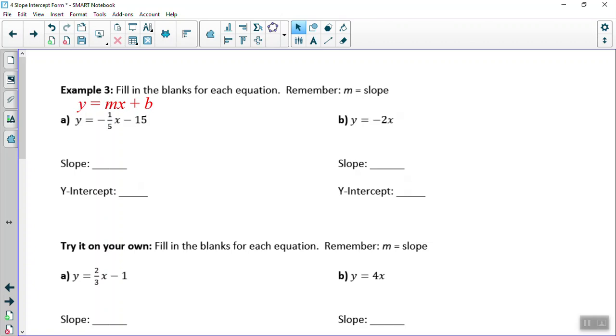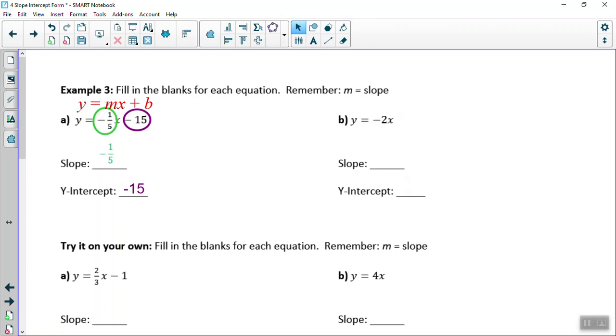My m lines right up with that -1/5. Okay? So that's my slope. The b lines up with that -15. So my y-intercept is -15.